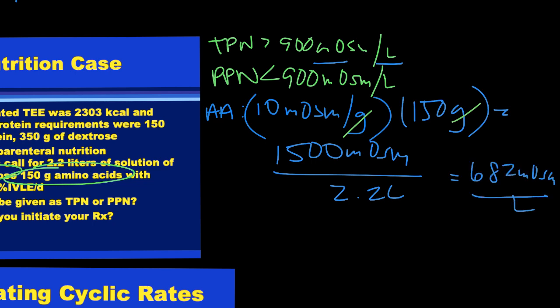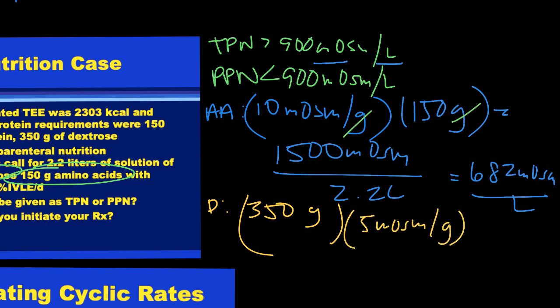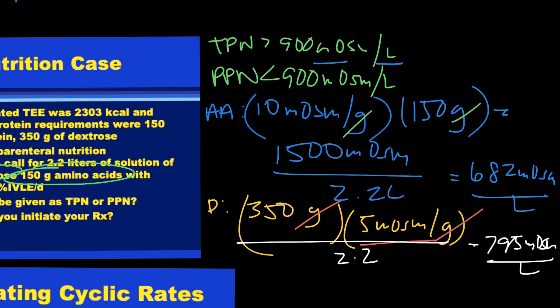That gives you 682 milliosmoles per liter. For dextrose, that is 5, so 350 grams times 5 milliosmol per gram. Grams cancel, leaving the units of milliosmoles. Divide by 2.2 liters to give you 350 times 5 divided by 2.2, 795 milliosmoles per liter.